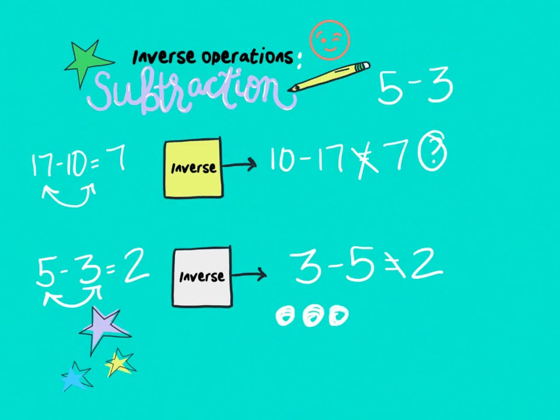So I couldn't take away 5 because there isn't 5 there. So inverse operations does not work in subtraction because I can't flip these two numbers, 3 and 5 and 5 and 3, and get the same thing. All right? So inverse operations does not work in subtraction. Okay, one more thing I want to show you before we go on.